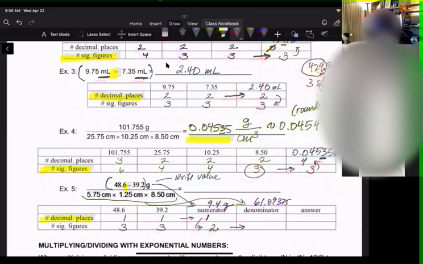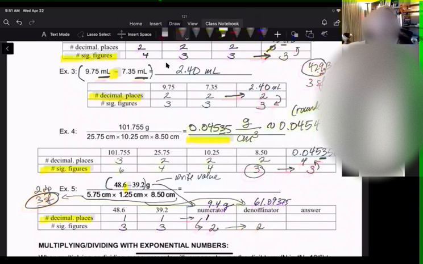So when we look at this, we're going to be considering these guys have 2 decimal places and 3 sig figs. So we would compare 3 sig figs to 2 sig figs, so it is this one. That's going to give us 2 significant figures, 1, 2.